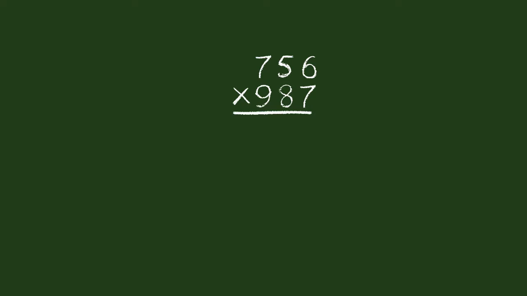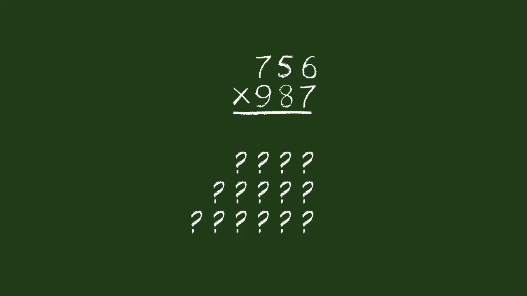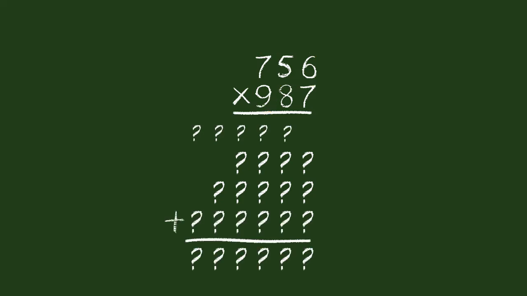get the final answer. The 3 separate problems we are going to multiply are the numbers in the ones, tens, and hundreds columns. So for 756 times 987, we calculate the answer of 756 times 7, then calculate the answer of 756 times 80, and then 756 times 900, and then add the 3 answers together.